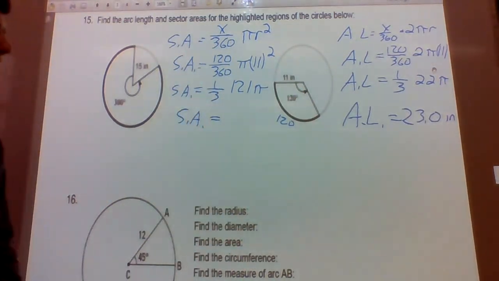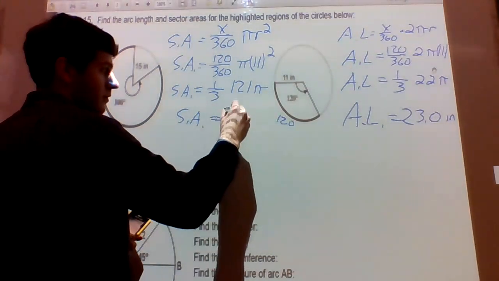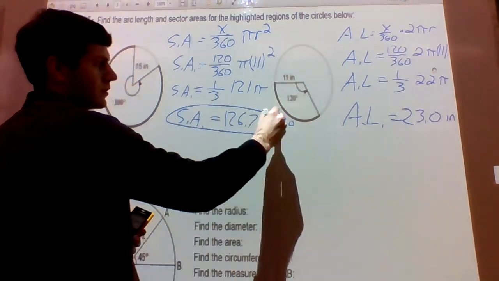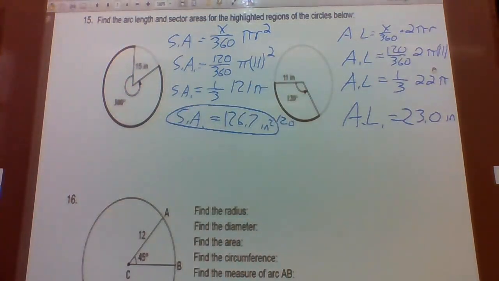So that's 121 pi divided by 3, which is about 126.7, and inches squared is the unit. Inches squared. It's area.